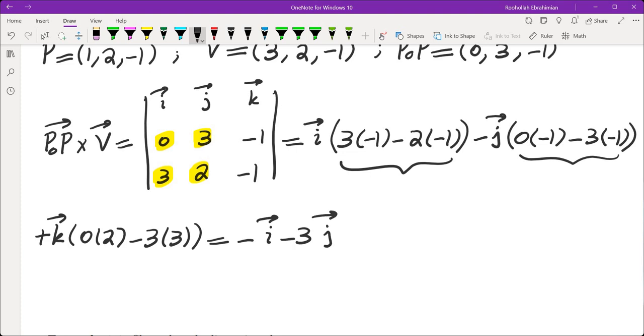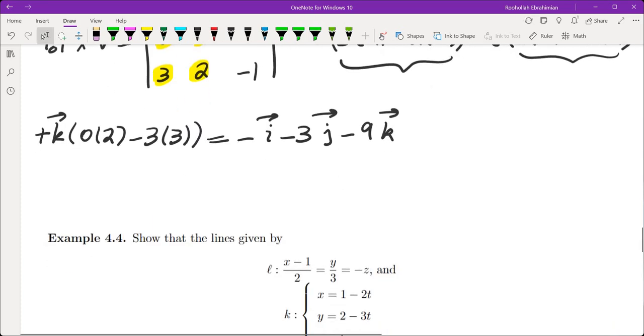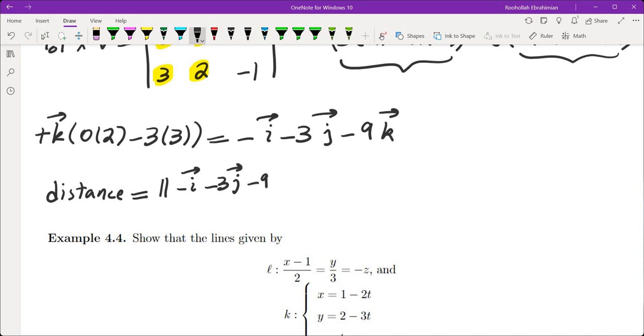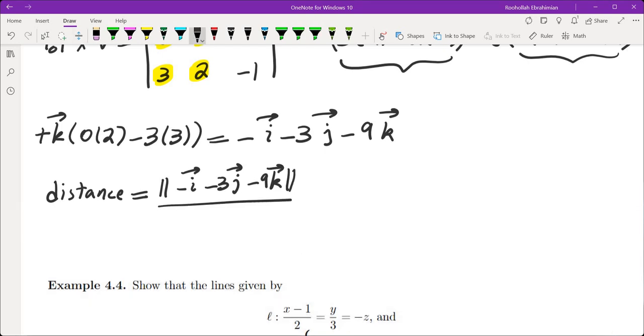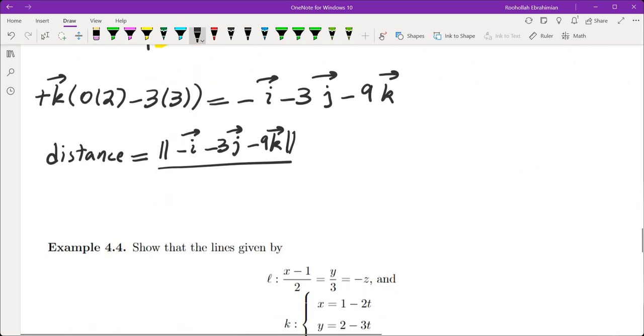This guy would be 0 and then -9, so -9k. So the distance is going to be the magnitude of this quantity, -i -3j -9k, divided by the magnitude of the direction vector, which is 3, 2, -1.